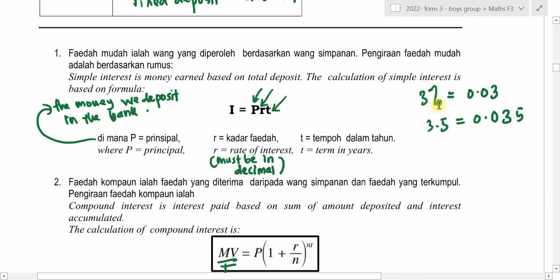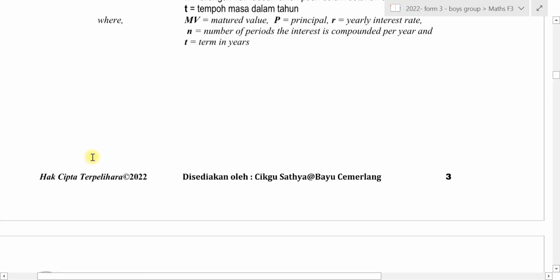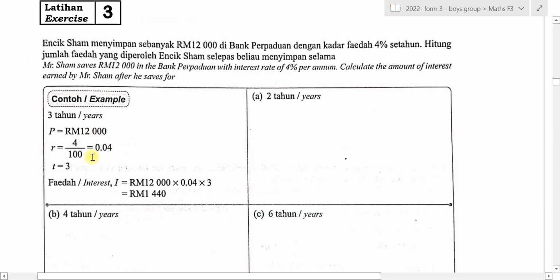Okay, we learned about simple interest already, right? So let us calculate the simple interest first. Okay, go to exercise 3. Okay, see here. Mr. Sham saved 12,000 in the bank.